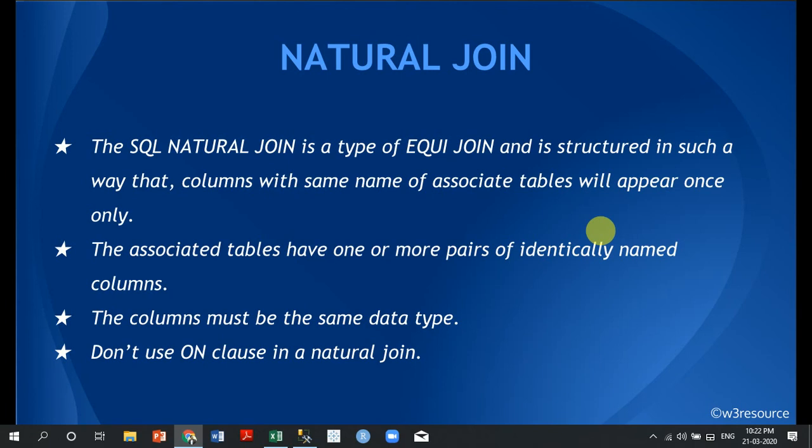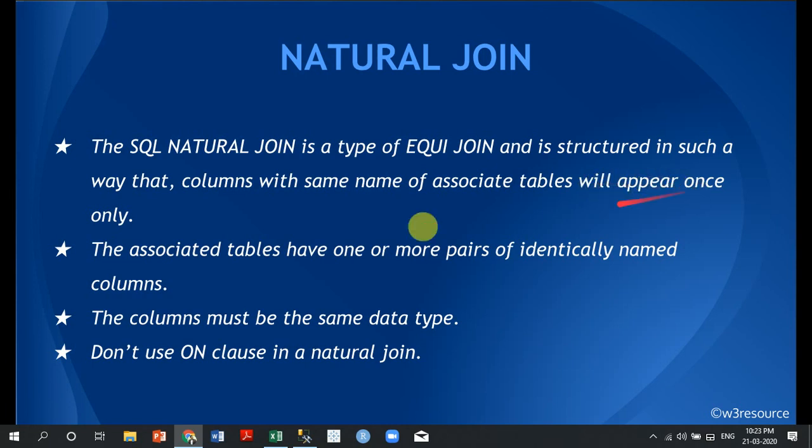Now after full outer join, what is to be done? That is natural join. Now what is natural join? Dear, SQL natural join is a type of equi-join and is structured in such a way that columns with the same name of the associated tables will appear once only.